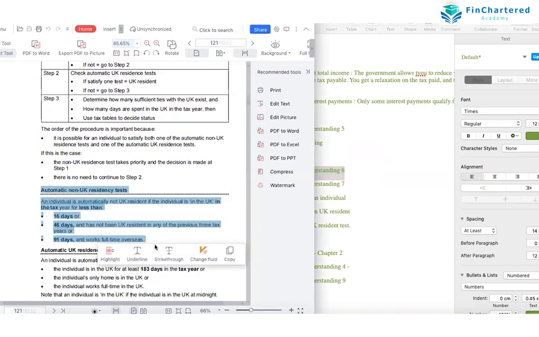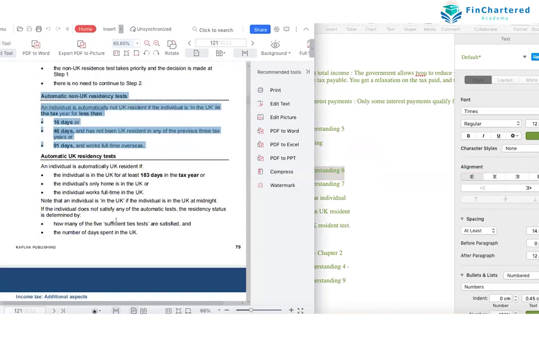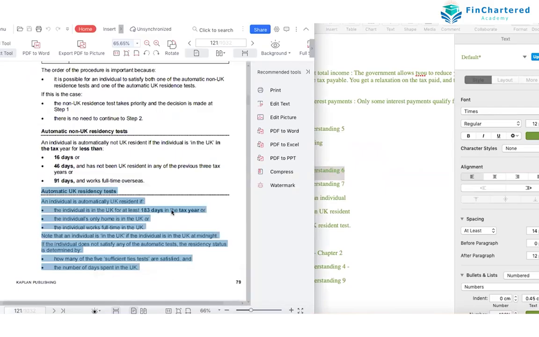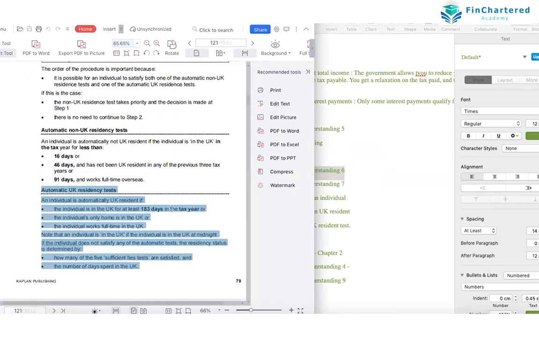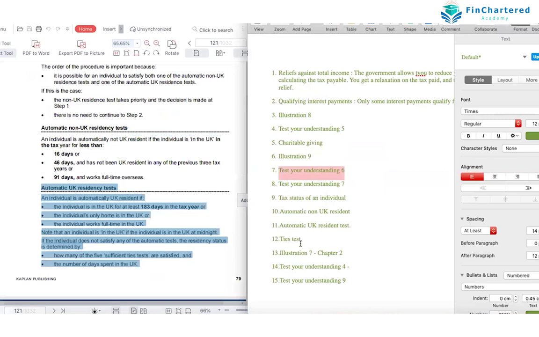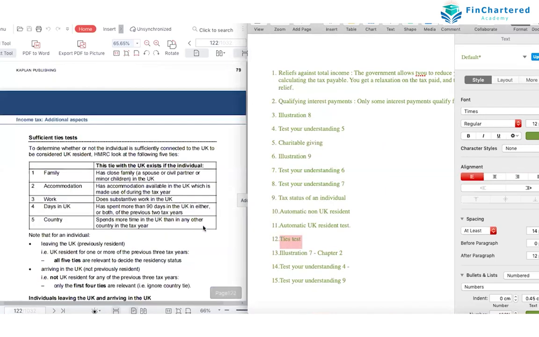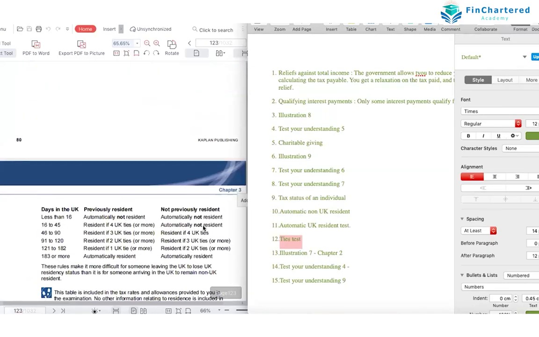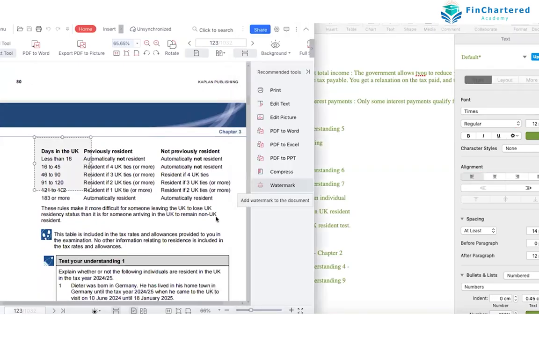Automatic UK residency test, automatic non-UK residency test, and if you don't fall in both of the categories, then there is a little bit of a gray area where we have to do a test on the ties that you have. Right? And again, there is no major difference here. This box, remember I had boxed this and said, this box is going to help you.